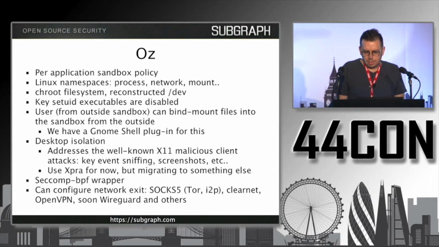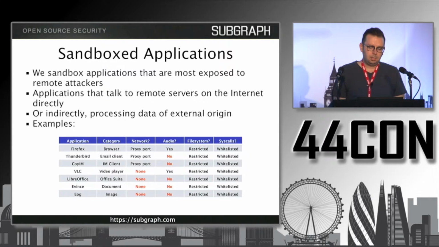We use Xpra, if any of you are familiar with that, to isolate the X client from the server. We wrap applications in seccomp BPF, and we can configure various network parameters for each app. So here's a little table of the applications.